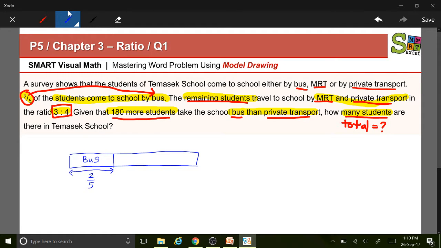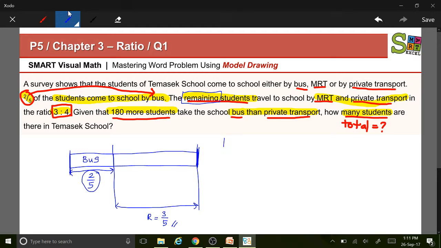The remaining students, this part is referring to the balance here. The remaining here would be 3/5, because 1 whole minus the bus gives you the remainder.